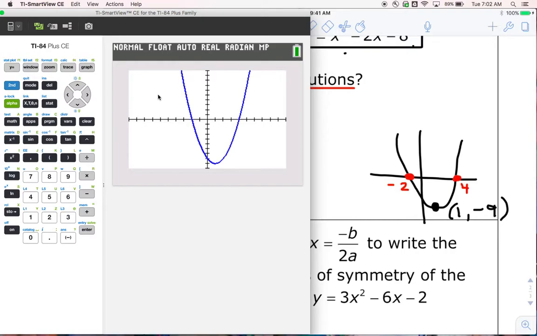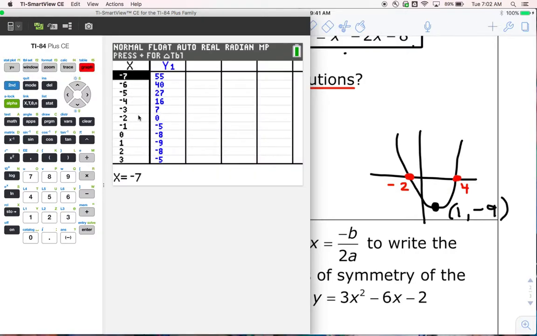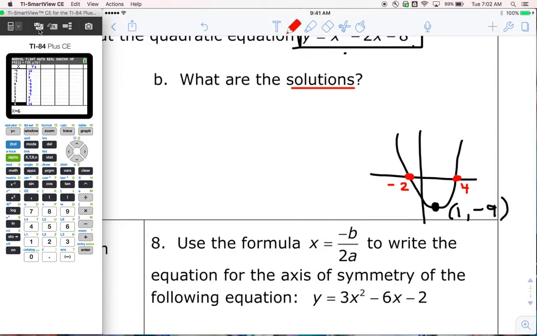Okay, and we can check the table just to look for those zeros, because y should be 0. Negative 2 gives 0, good, and we should also have positive 4 giving us 0, and it does. All right, easy peasy, double check that. So my solutions are x equals negative 2 and x equals positive 4. I got 2 solutions.